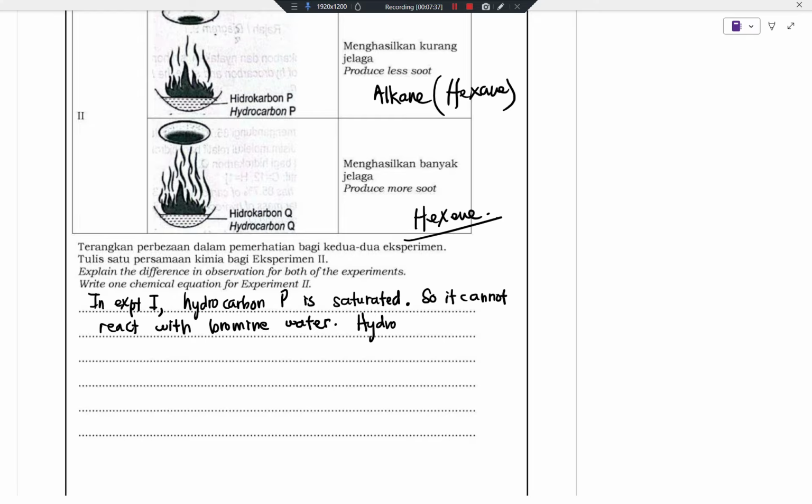Hydrocarbon Q is unsaturated. So bromine water can react with hydrocarbon Q.